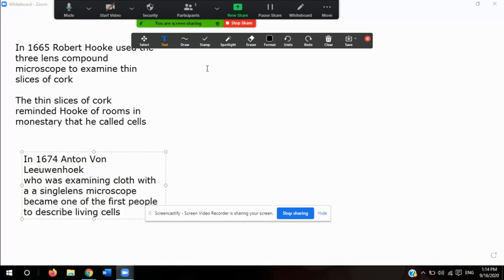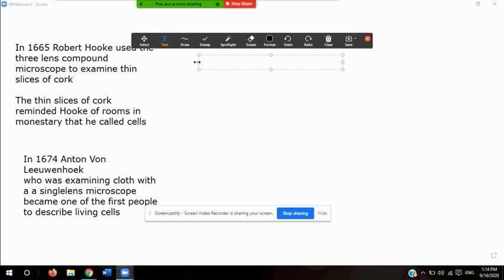Now, before I actually talk about the cell theory per se, I want to talk a little bit about the events that led up to the discovery of the cell theory. The first thing that led up to this is that in 1838, German scientist Matthias Schleiden, I'm sorry, not Sheldon, Schleiden, proposed that plants were made of cells.